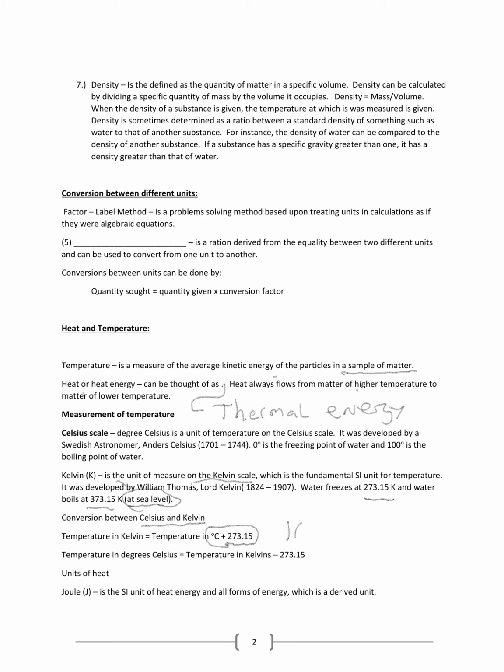So if I have 100 degrees Celsius and I want to convert it to Kelvin, I take 100, add 273.15, and that equals the temperature in Kelvin. So it'd be 373.15 Kelvin.